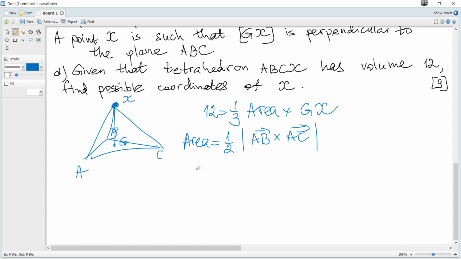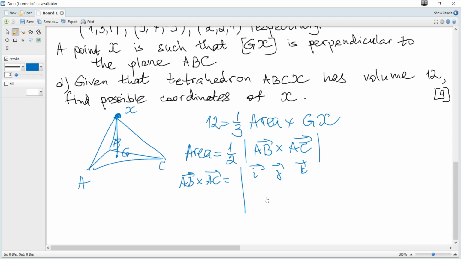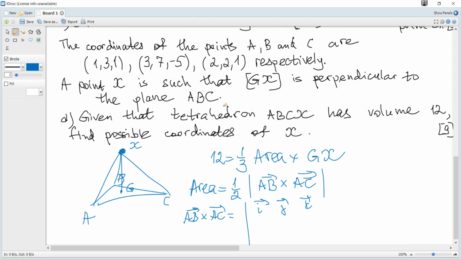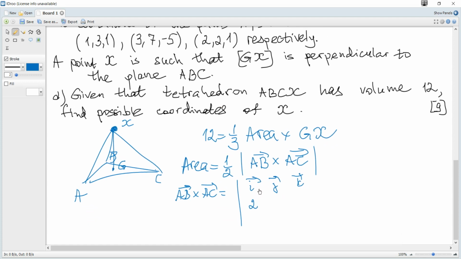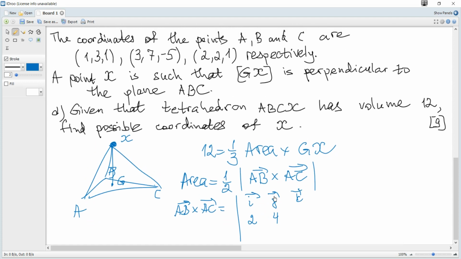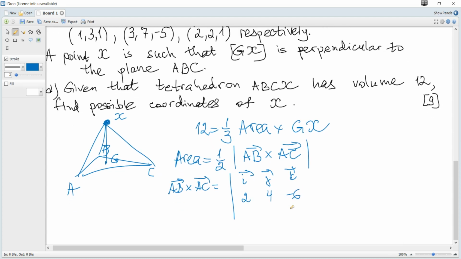And let's find the cross product. You may use the formula from the data booklet. I use another technique with the determinant of a 3 by 3 matrix: i, j, k, the AB vector, and the AC vector. AB becomes just endpoint minus the initial point, so it's 3 minus 1, 2; 7 minus 3, 4; negative 5 minus 1, negative 6.